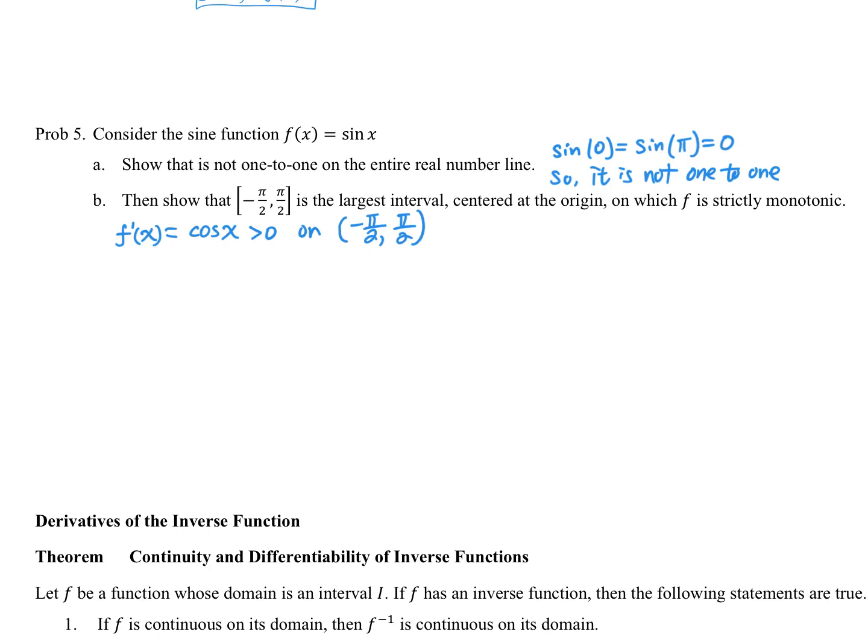Okay, and now how do we handle the boundary points?